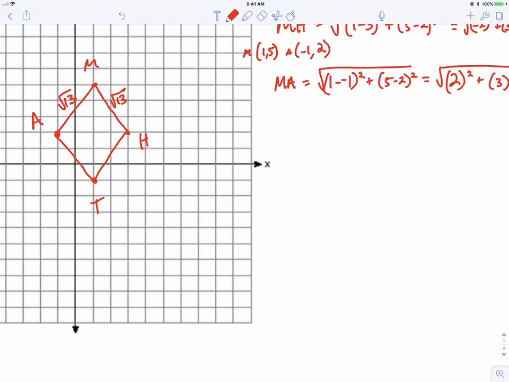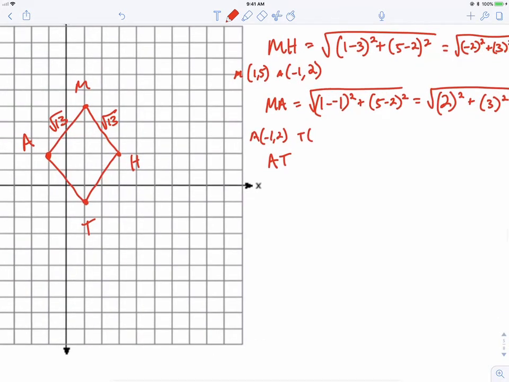Now we're going to do AT. So A is negative 1, 2, and T is 1, negative 1. So we've got our square root of x minus x squared plus y minus y squared.